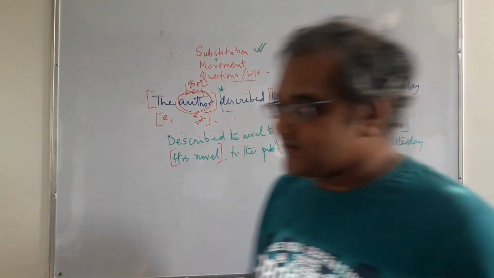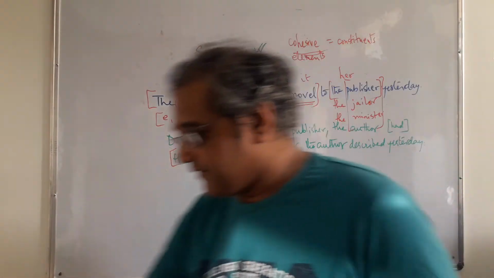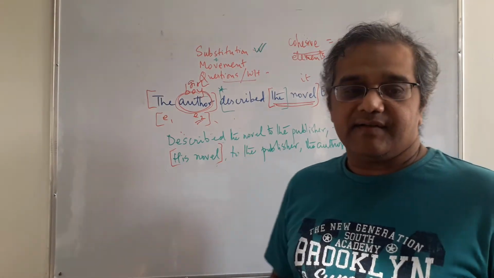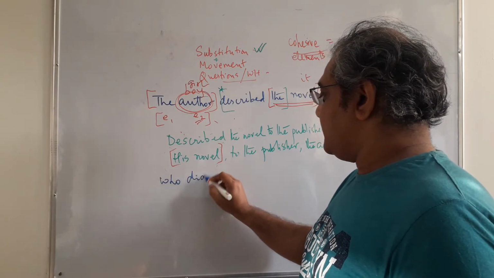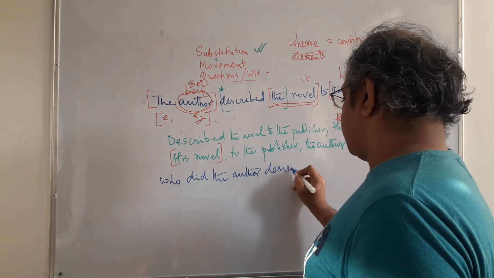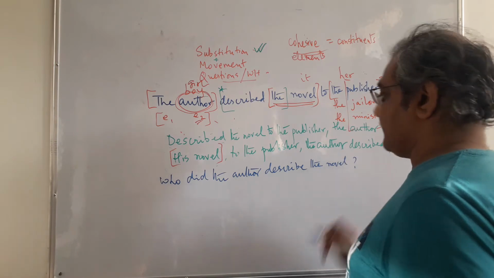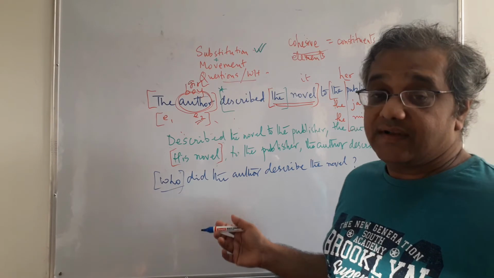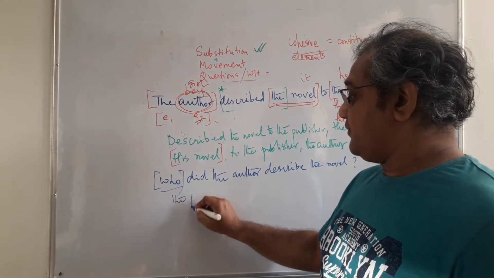So let's take an example: who did the author describe the novel to? So you have the question who, the answer to which is the publisher.